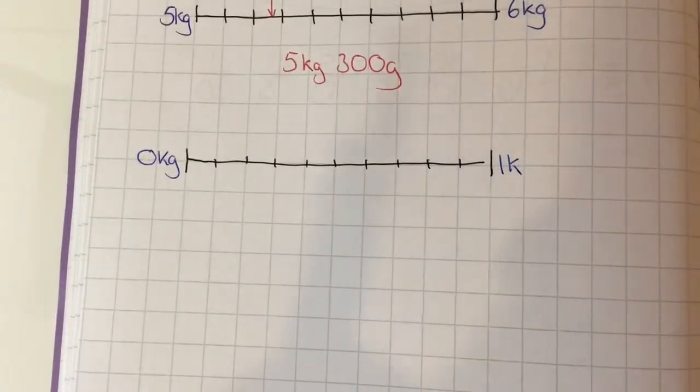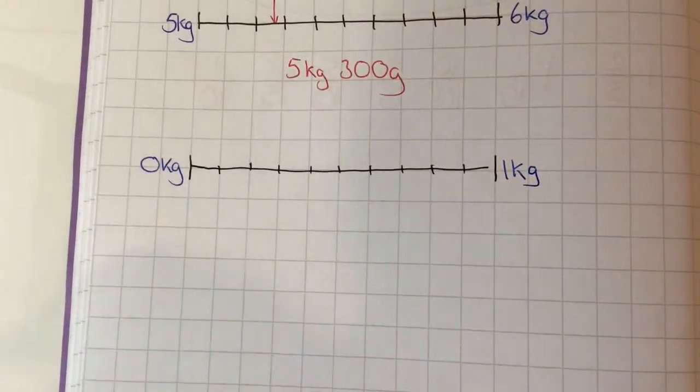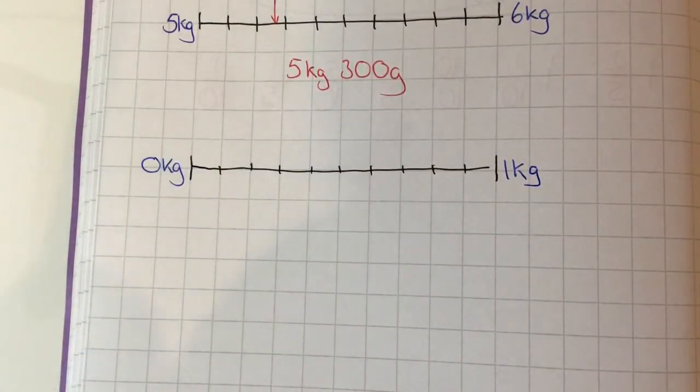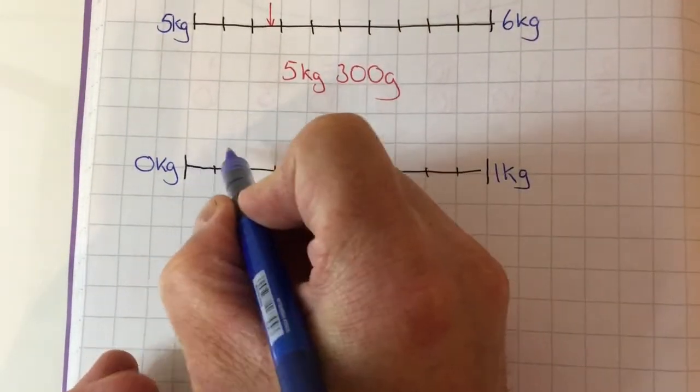Right, let's go on down to our next diagram. Have a look. How many increments did we say there were in between the 0 kilograms and the 1 kilogram? We said that there were 10. Now, the question then is, if there are 10 divisions in this, what fraction of 1 kilogram would each of those divisions represent? Well, if there are 10 of them, it would represent a tenth.